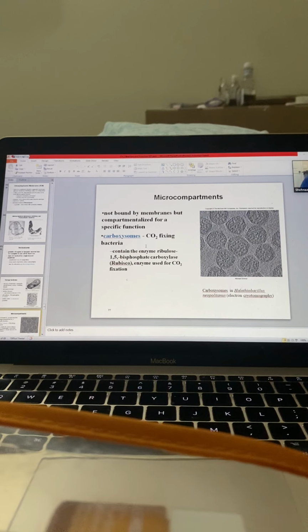These very special bacteria, Halothiobacillus or so, have carboxysomes where they are storing the enzyme ribulose bisphosphate carboxylase, which is RuBisCO. This is the enzyme used for carbon dioxide fixation. So these compartments actually allow them to store this special enzyme, which will allow them to fix carbon dioxide. So you will find these microcompartments in those bacteria.